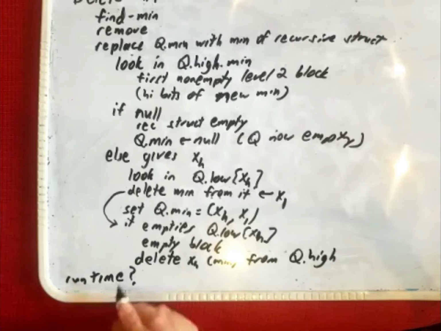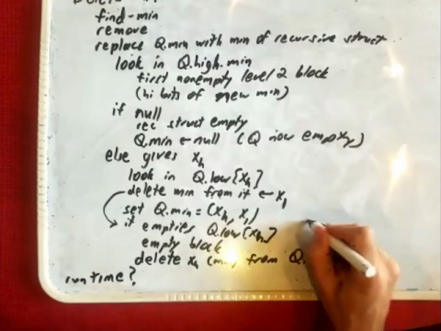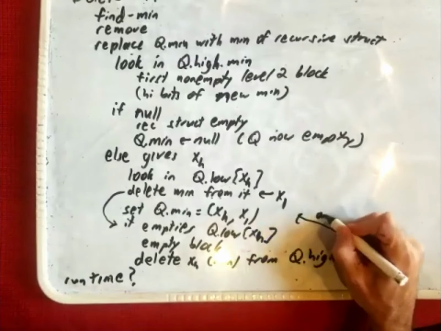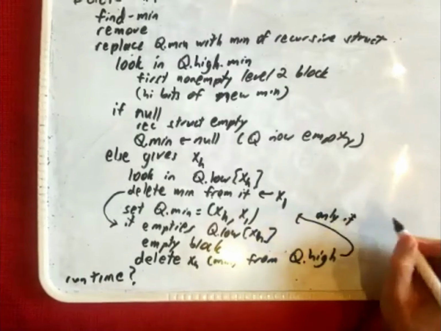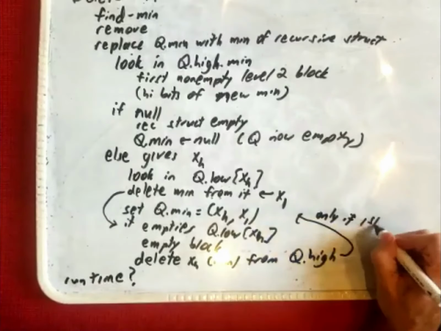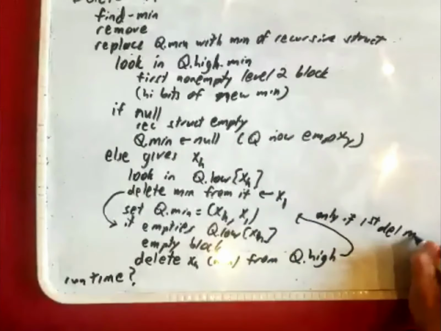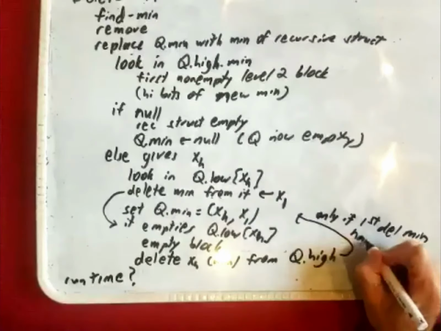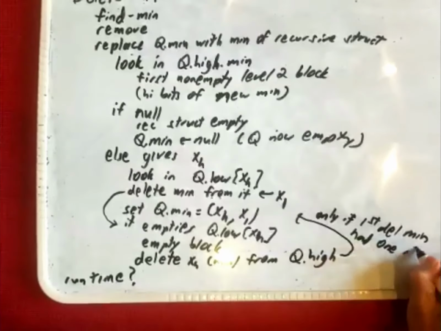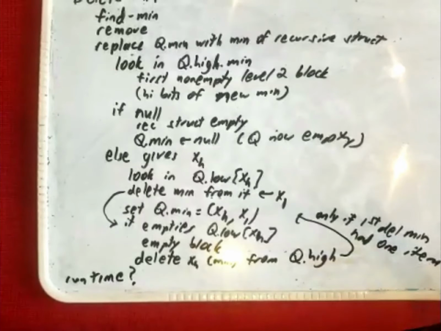This only happens if the first delete min had only one item in it. And if your queue only has one item in it, then the delete min costs constant time, because all you do is look inside the min field and you're done.